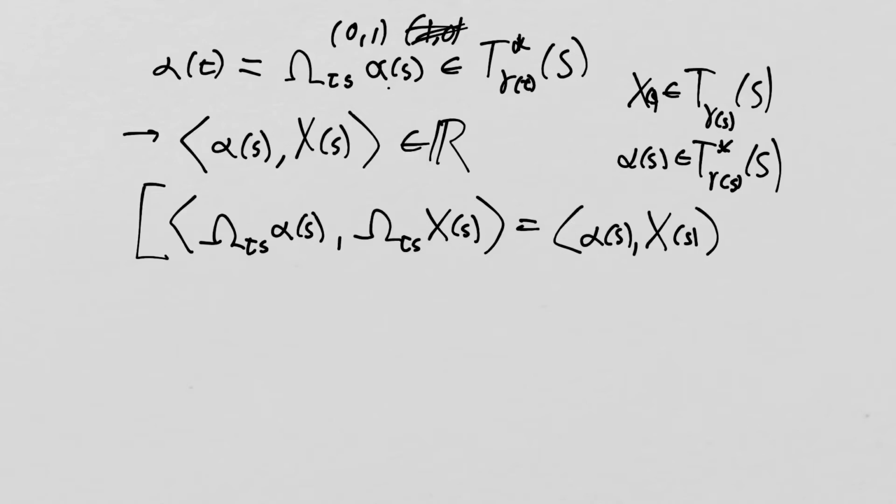If I took the inner product of two vectors, x at s and y at s, that's the inner product, right? So that would be G, the metric tensor, acting on x of s and y of s.